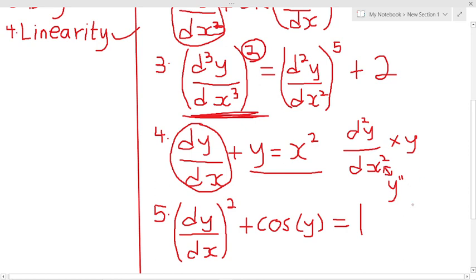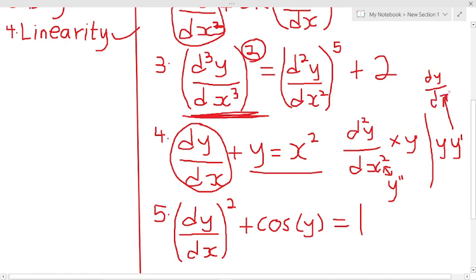So with the product, I want to rewrite this product here. Let's say we have y multiplying y prime. So we've now established that y prime here means dy/dx, right?